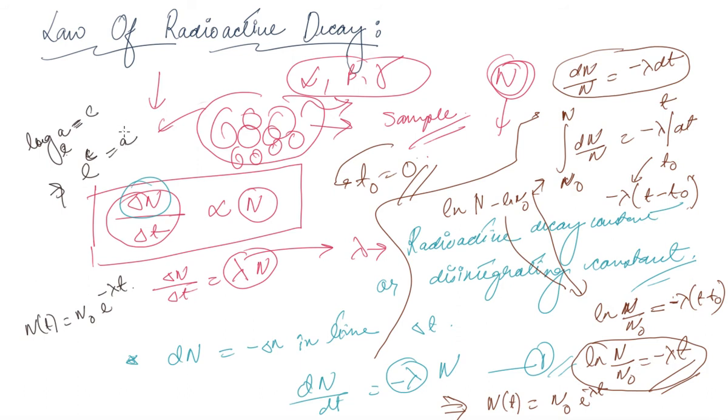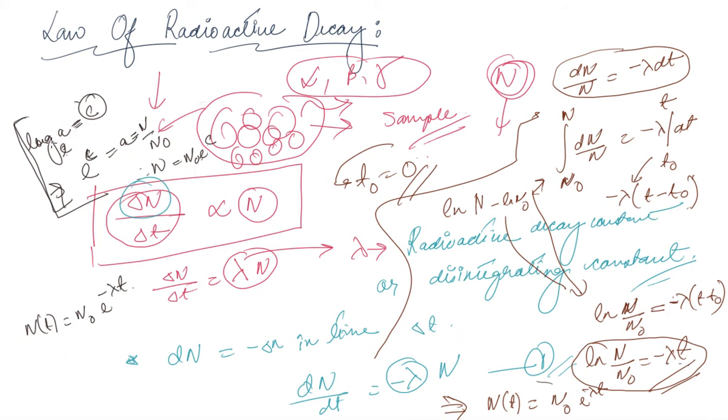Now if a is N upon N naught, then N becomes N naught e to the power c. What was c in our case? c was minus lambda into t. So e to the power c becomes e to the power minus lambda t. This is the logarithmic notation that we have used.